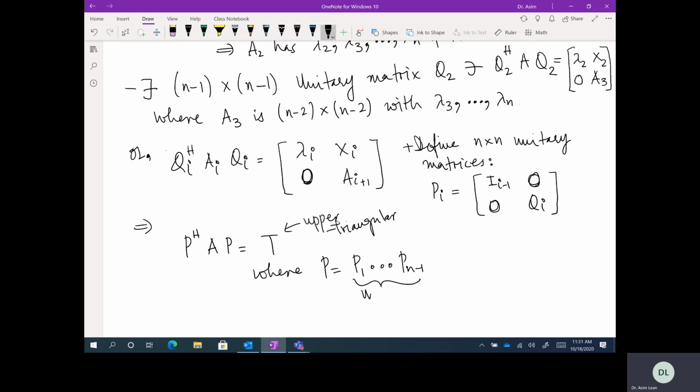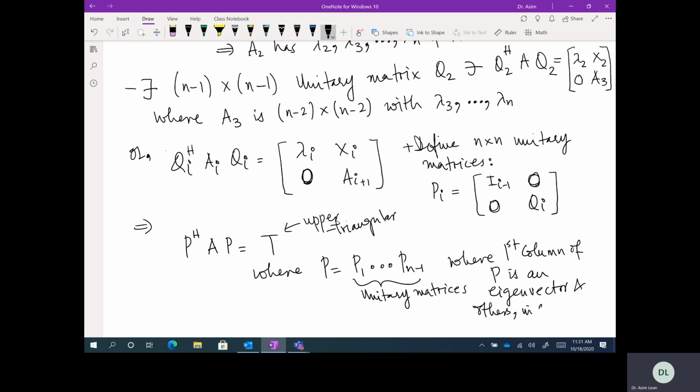These are all unitary matrices, and the product is also a unitary matrix. So unitary matrices where the first column of P, which we took as x1, is an eigenvector, and others in general are not.